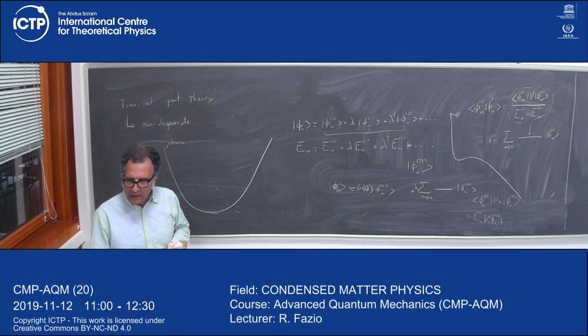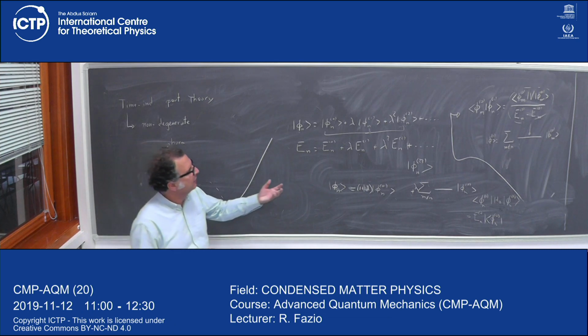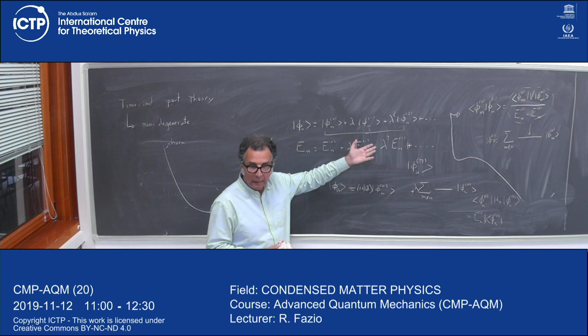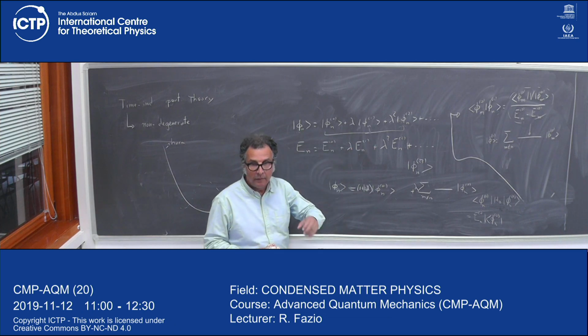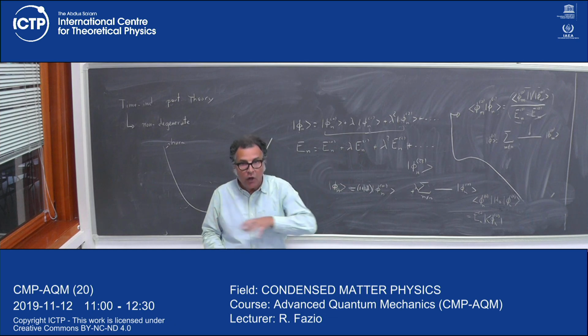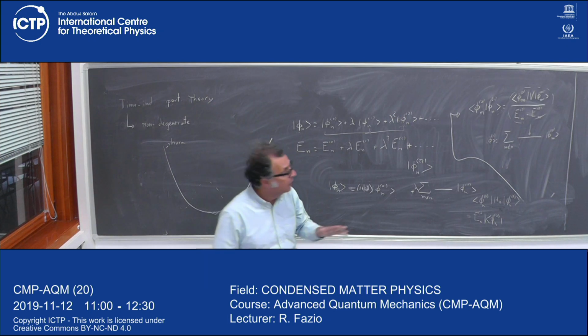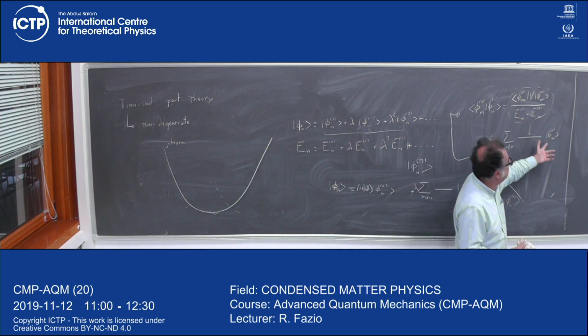So this means that the new wave function will be given by a superposition in all the other basis set, in all the rest of the states. And this is contained here.